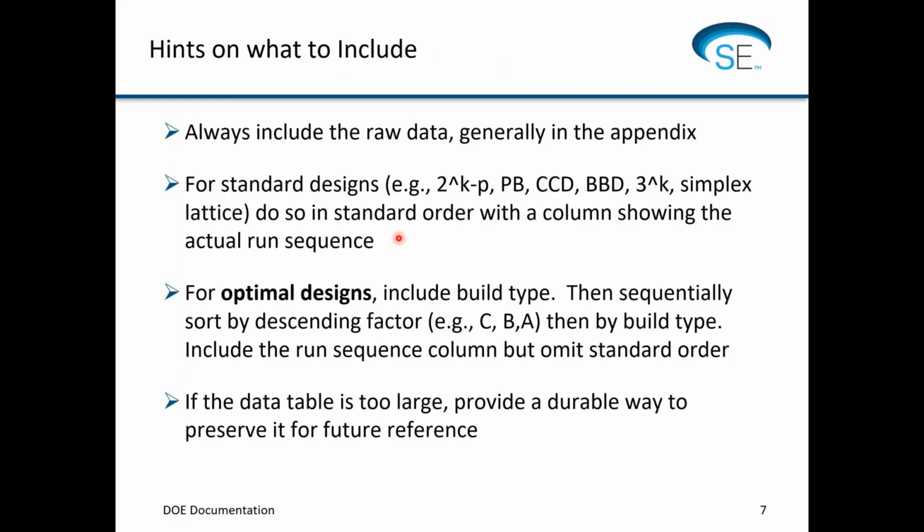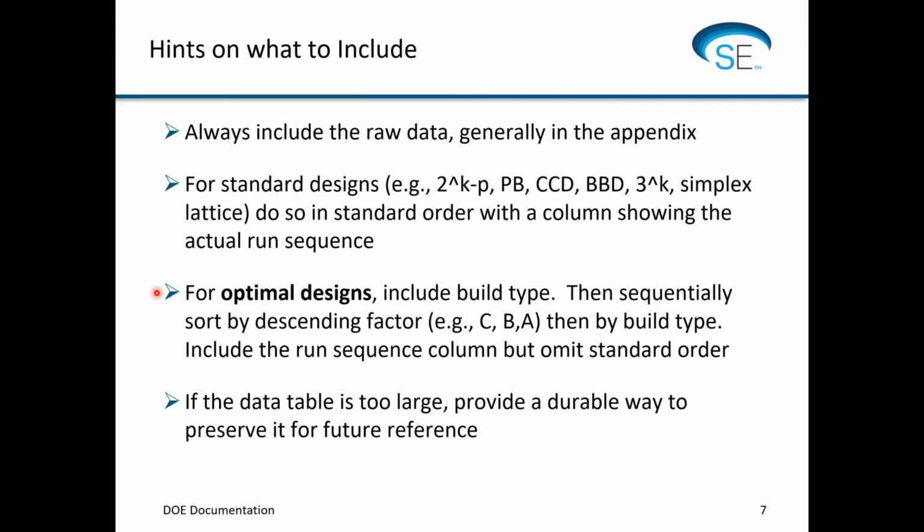You want to see the actual run sequence so you can see if maybe you're being influenced by some lurking factors, if you've got a trend to your data or something like that. So that would be a hint. And I'm going to go through an example and show you this in action a little bit.